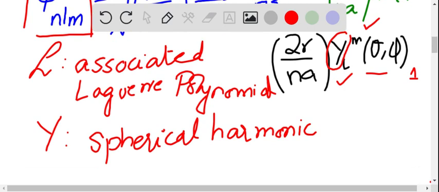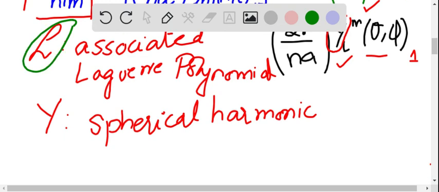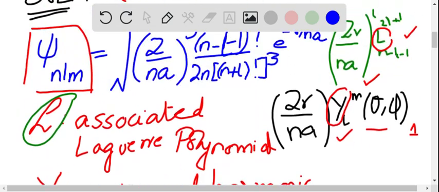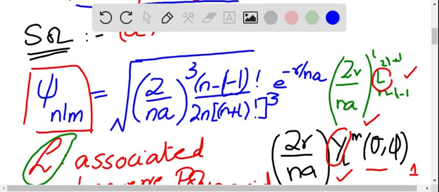Fine. So next we need to write down the equations for these two variables. First we will write down the equation for L. As you can see in this equation, L has a sub part and a power part, right?